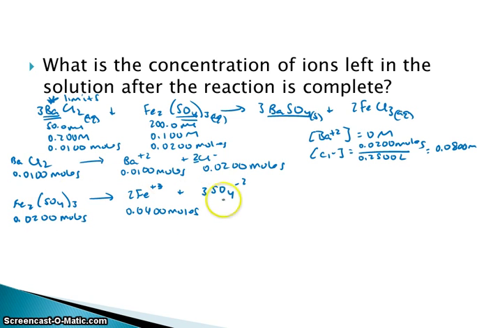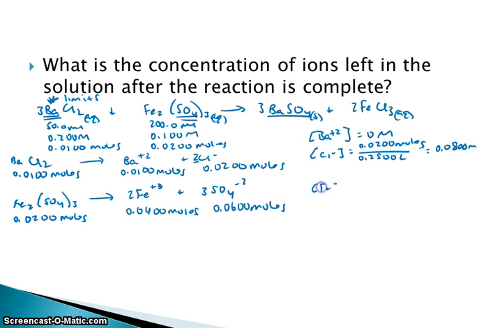And for sulfate ions, we have 0.0600 moles. Now, the iron ions are not part of forming the precipitate, so they're also spectator ions.